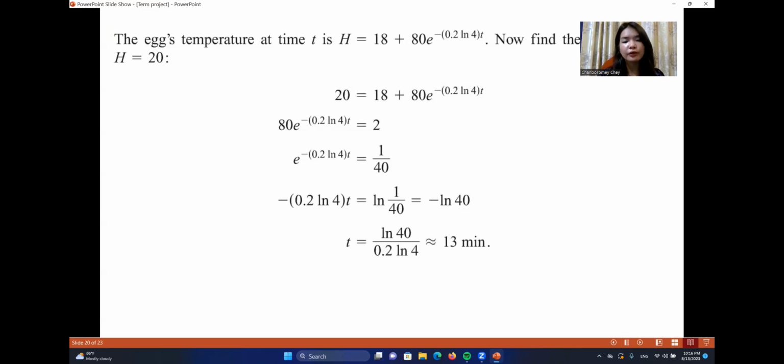And then we calculate it and we can find t equals 13 minutes. And this is our last solution of the example.